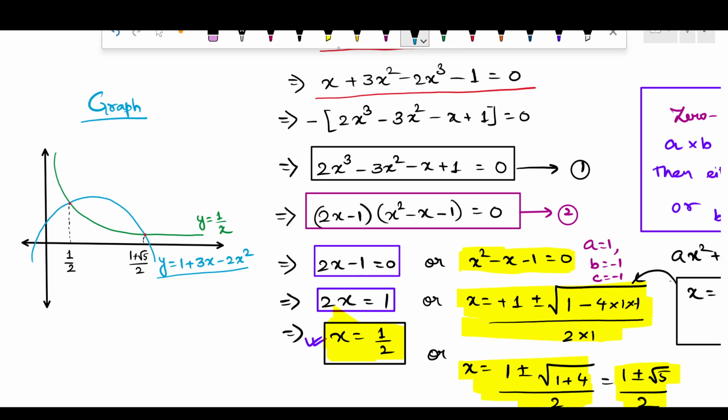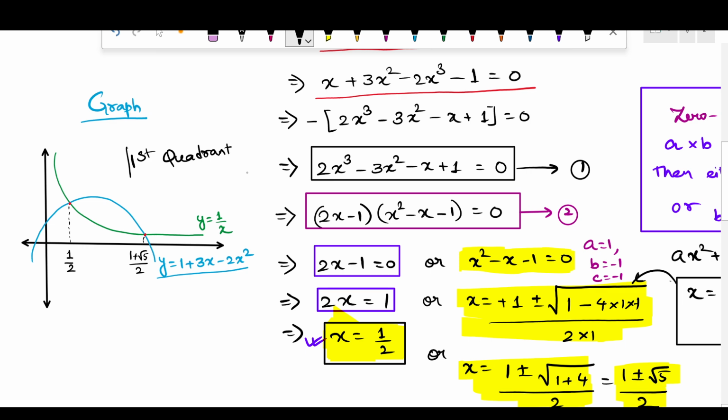This is a downward facing parabola, and we know from the function chapter y equals 1 by x, right? This is the function. So this is the first quadrant.